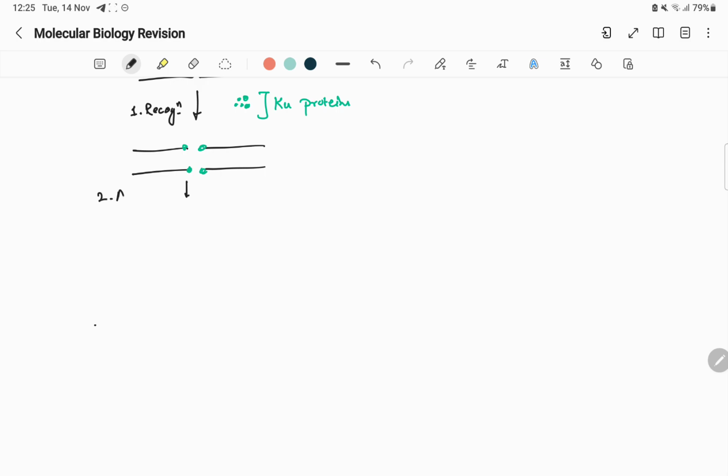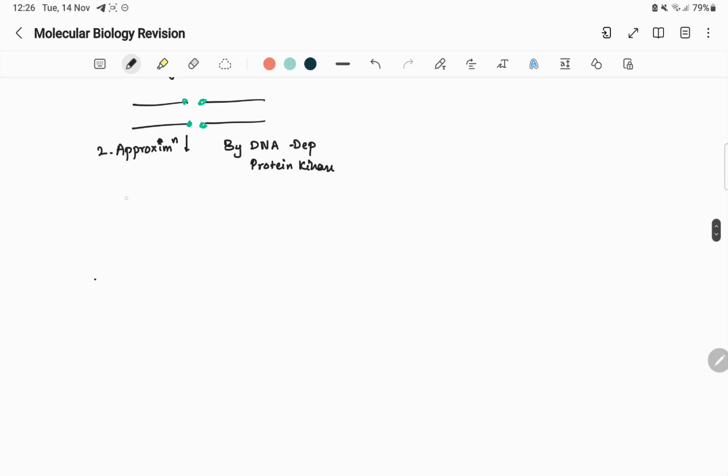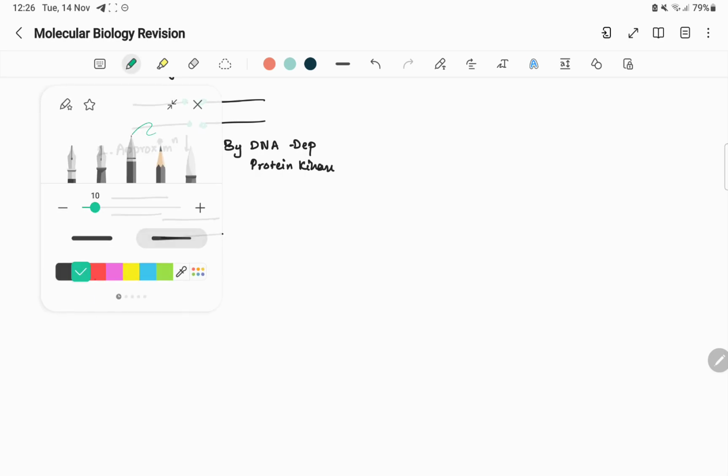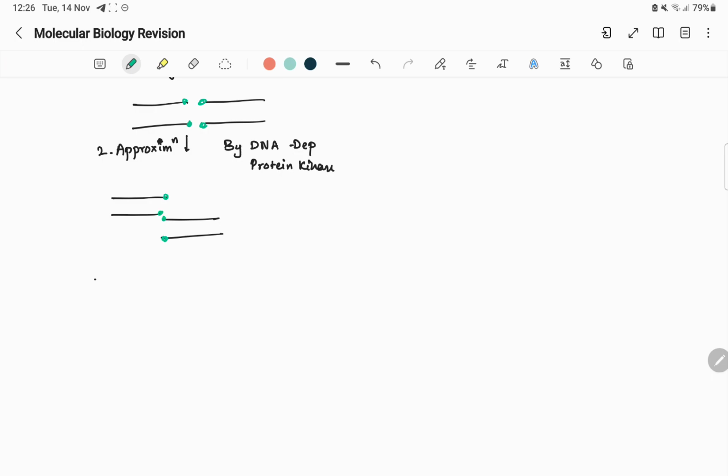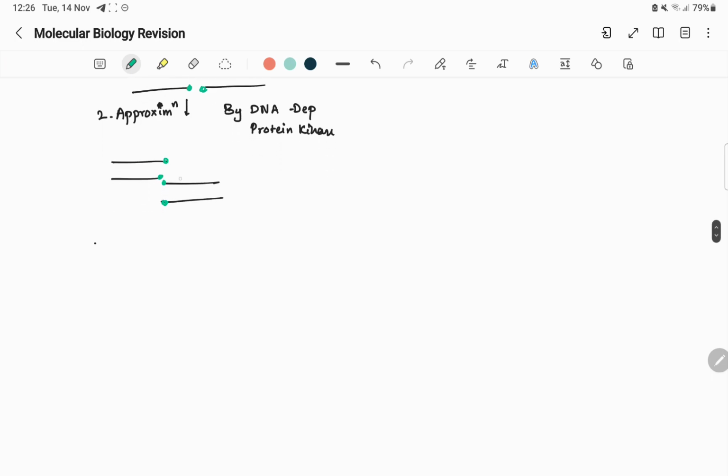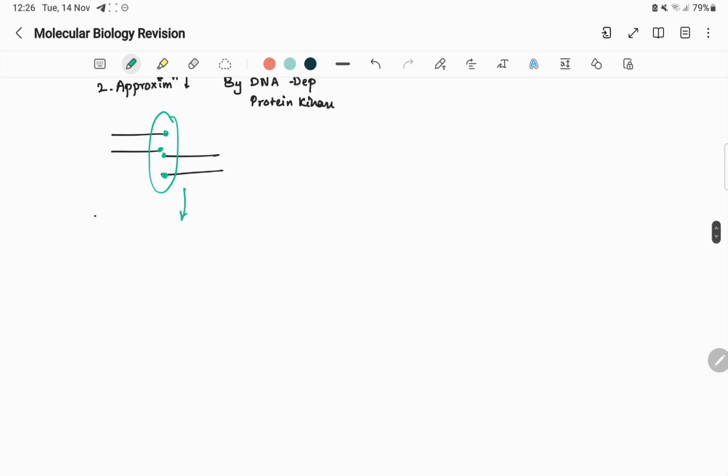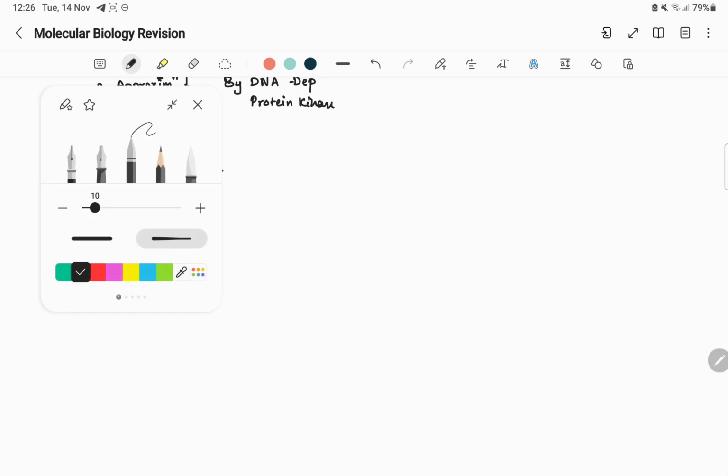There will be approximation by the DNA dependent protein kinase enzyme. It will bring the strands closer; this is called approximation.